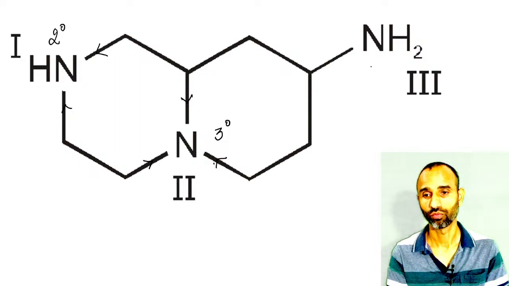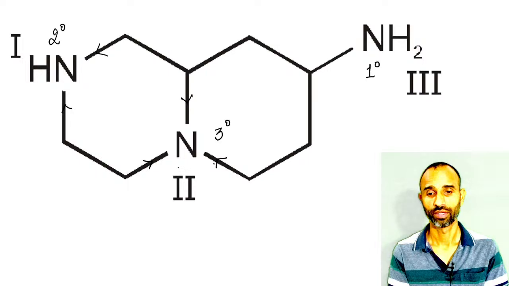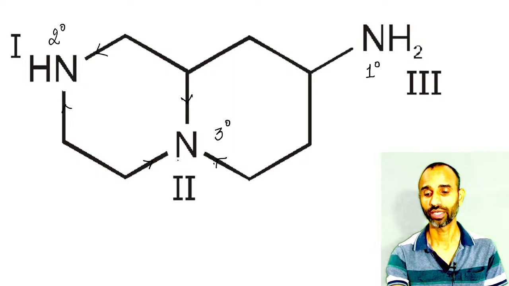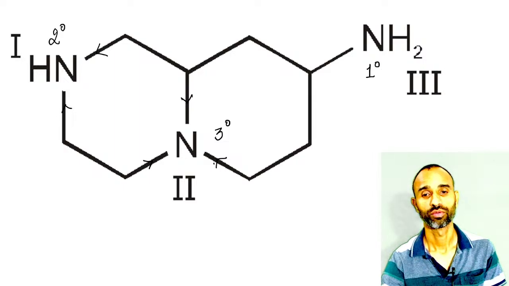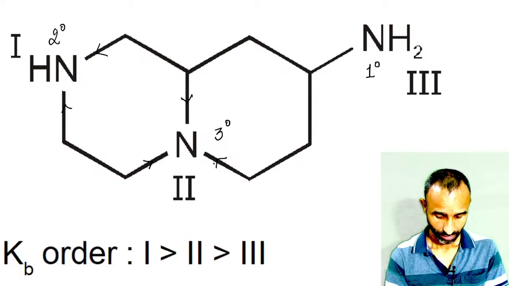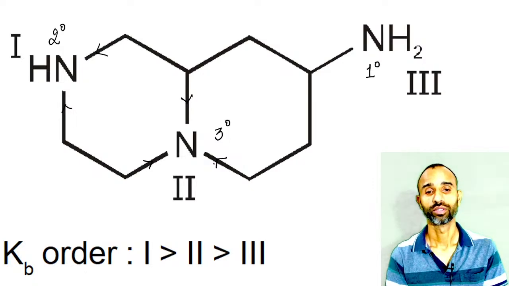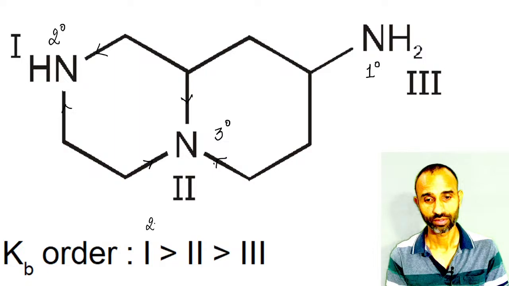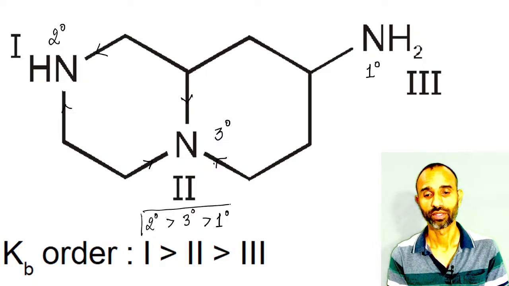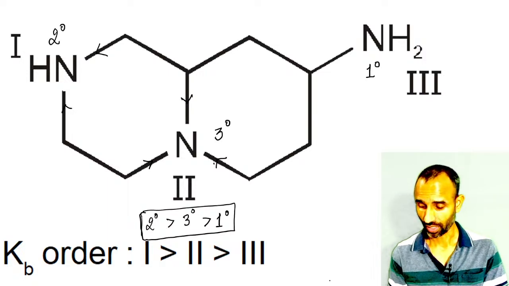And this one is primary. But see, it is in ring structure. All are in rings. So order is secondary again, secondary, tertiary, and primary. So secondary, tertiary amine whenever there are bulkier alkyl groups.